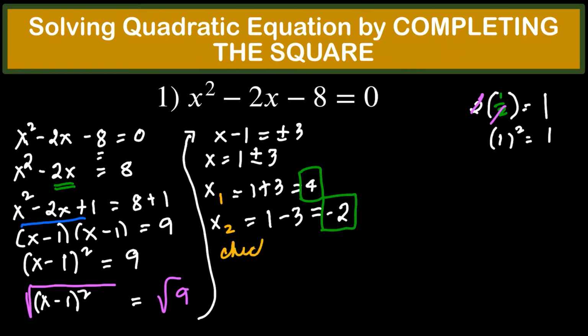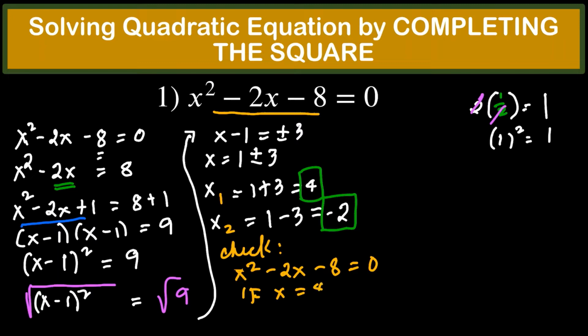We're going to substitute these values into our quadratic equation, x squared minus 2x minus 8 equals 0. If x is equal to 4, this will give us 4 squared minus 2 times 4 minus 8 equals 0.